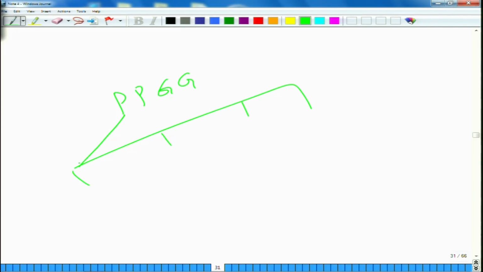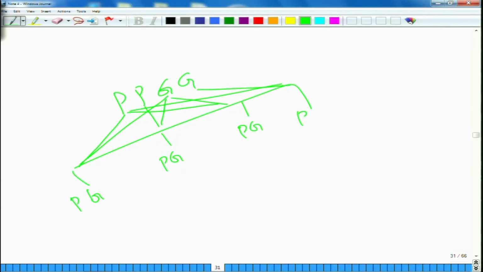The first is capital P, capital G, the second is capital P, capital G, the third is capital P, capital G, and the fourth one is again capital P, capital G. So we are getting only one kind of sperm, having capital P and capital G together.